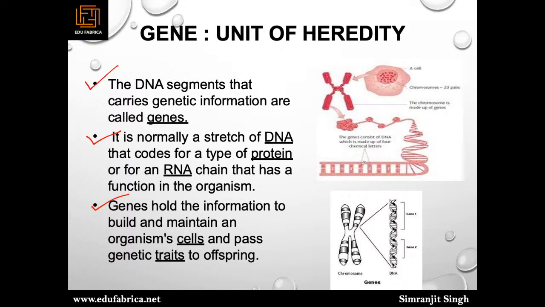Here we have our nucleic acid, our DNA, which is coiled around histones, and these get coiled further to make a chromosome, with sister chromatids. These chromosomes are present in our nucleus, around 23 pairs, and within them gene 1, gene 2 are present, which go to the offspring.